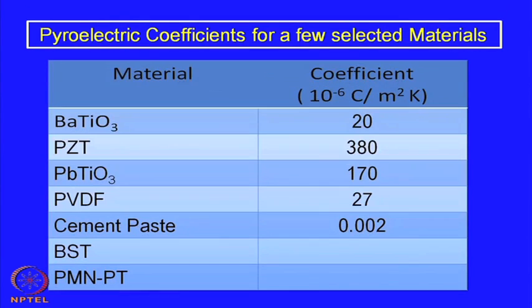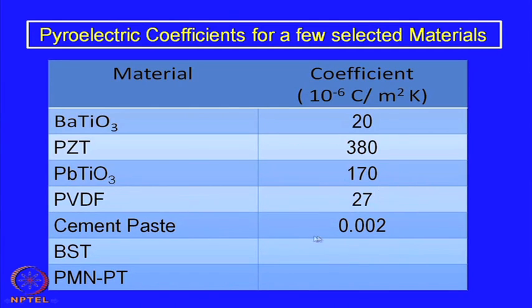Different materials like this, this is the pyroelectric coefficient of different materials. Barium titanate, you can see PZT is quite high, lead titanate is also fairly high. PVDF, one of the piezoelectric polymers, has also some pyroelectric effect.